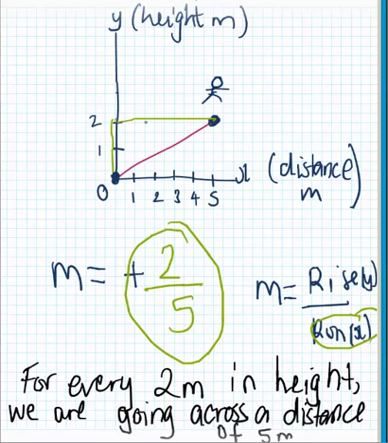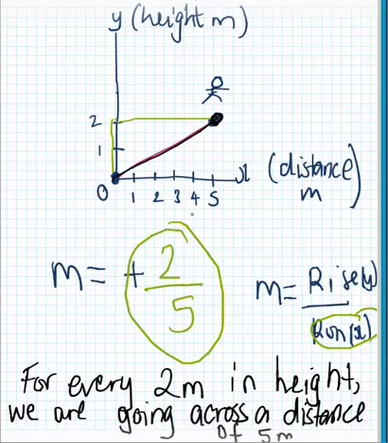Now, the other important thing was to remember 2 changes happen at the same time. To get from this point to that point, so when this person climbed this hill straight up and got to this point, 2 changes happened. There was a change in height and a change in the distance on the ground. And that's what the gradient is.